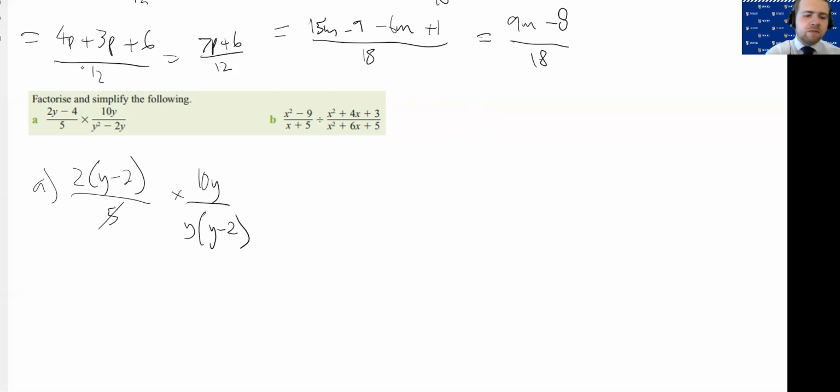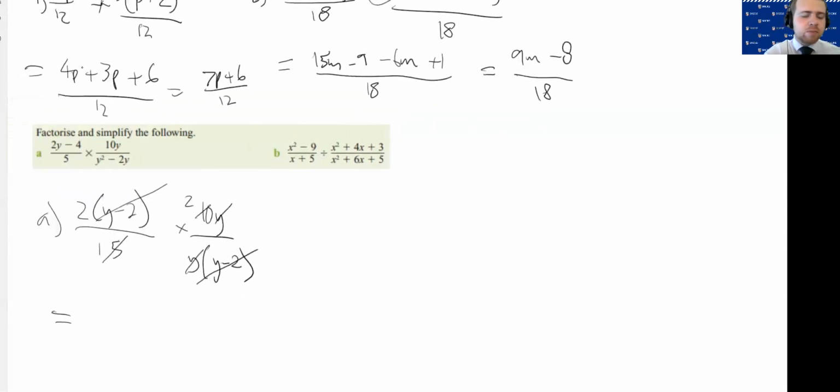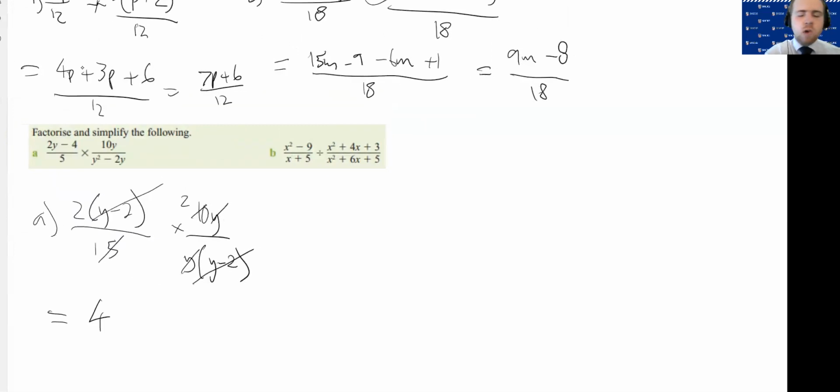So 5 becomes 1, 10 becomes 2. Okay, we can cancel y with y. What we're doing is looking for, if we are multiplying by something and then dividing by that same thing, those things are going to cancel out. So then I've got y minus 2 and y minus 2. I can cancel those. And so what I'm left with is a 1 on the bottom. I don't need to write the 1 on the bottom. I'm left with 2 times 2 on top. Okay, so it's 4 over 1, or we can just write it as 4.